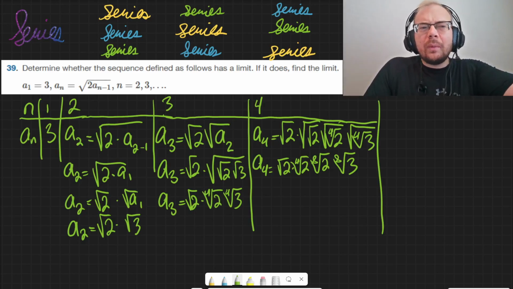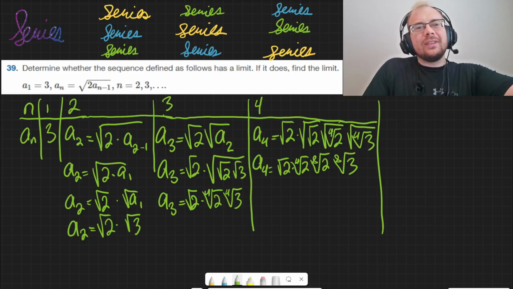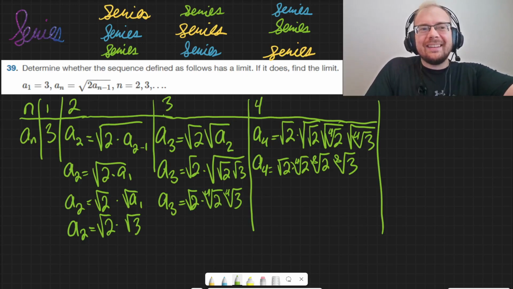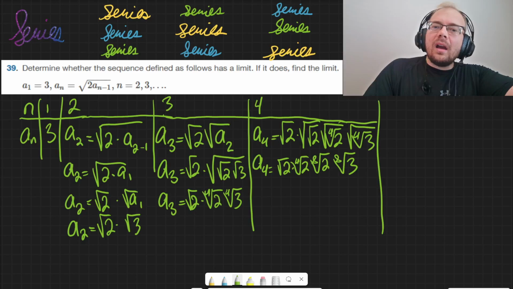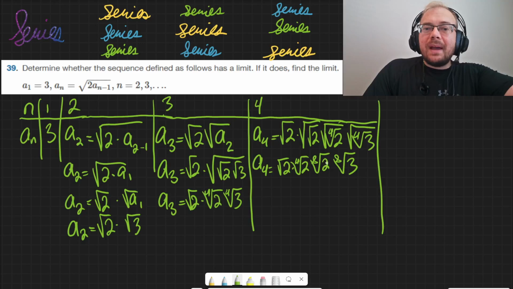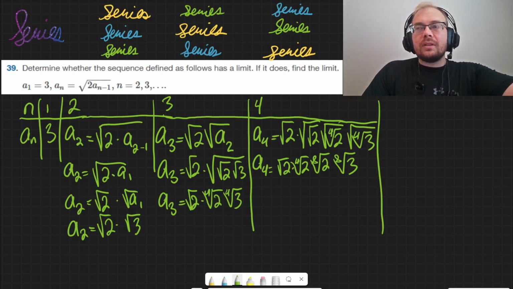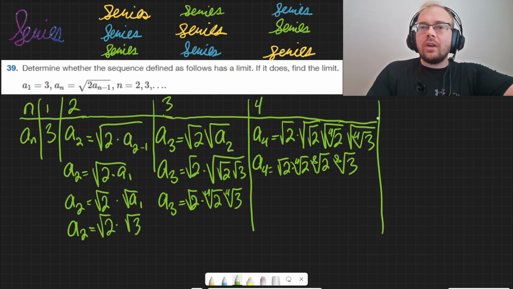If only we had started with something else, like a 2. Like if we had started with a 2 instead, then maybe. But that seems to be the pattern. So this pattern is actually super similar to the one we just worked on.